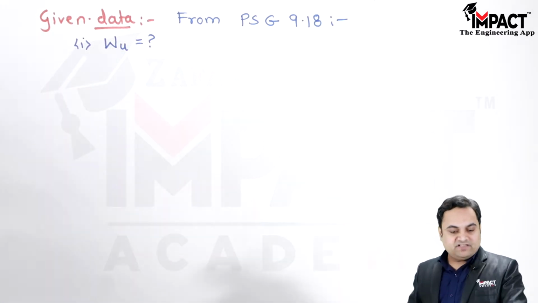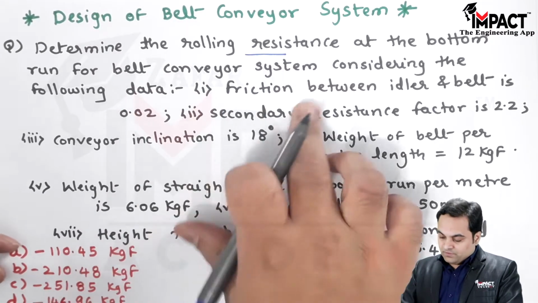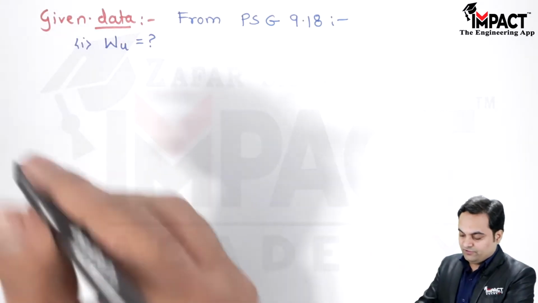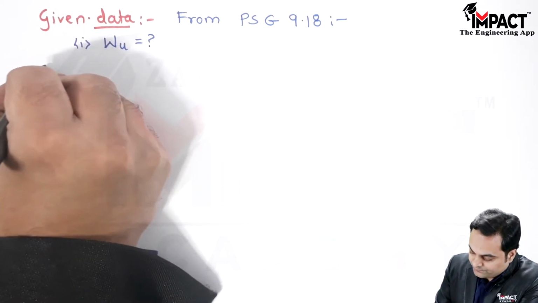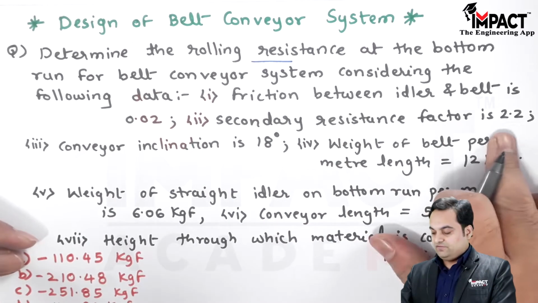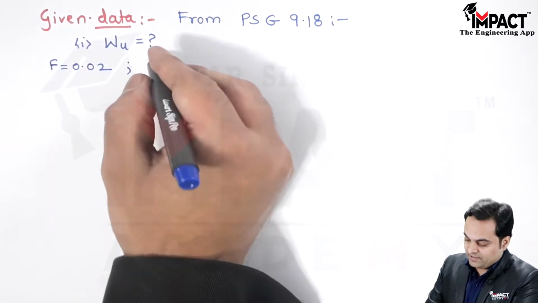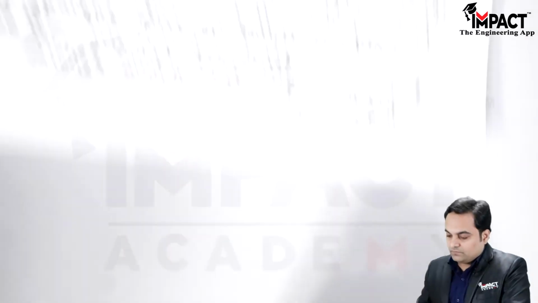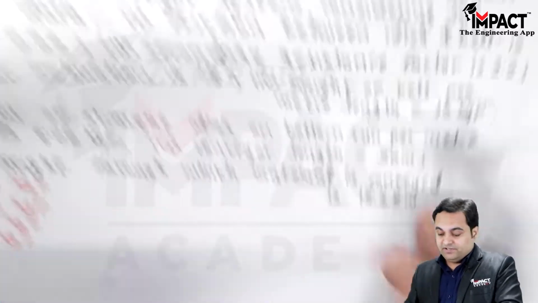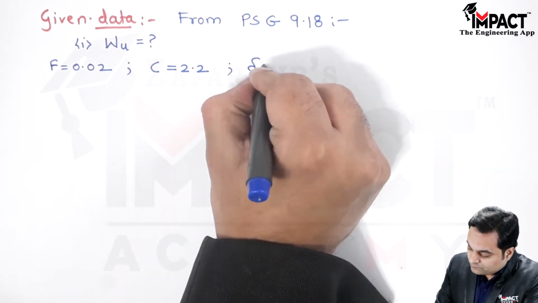Now the data which has been given to us, it is the friction between the idler and the belt is 0.02. So friction is denoted by small f. Next, the secondary resistance factor is given as 2.2, that is denoted by capital C. Next, the conveyor inclination is 18 degree denoted by delta.